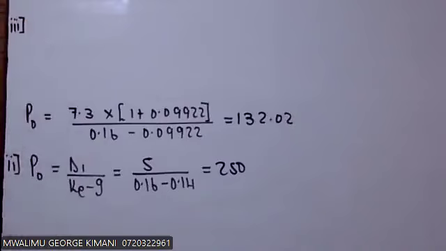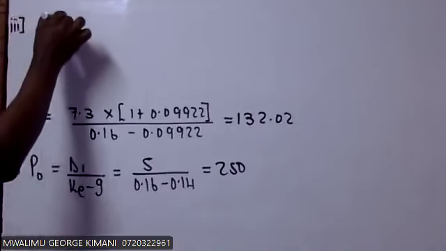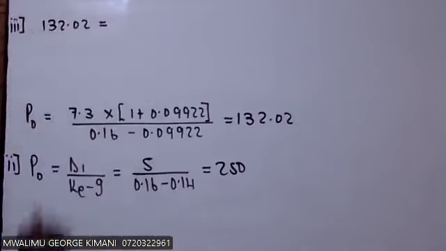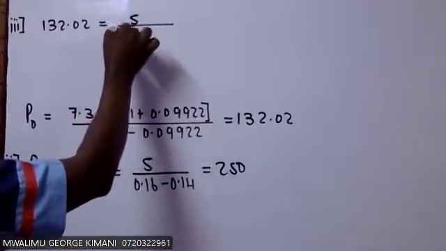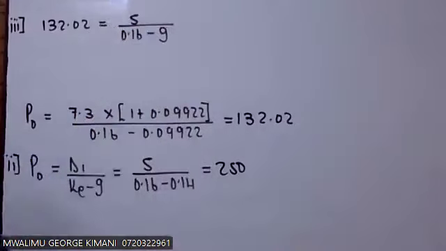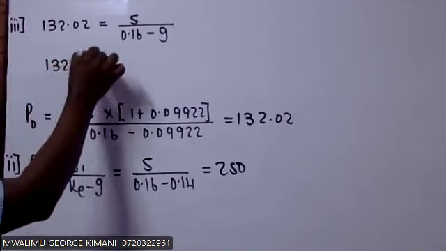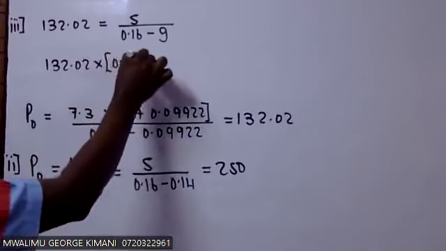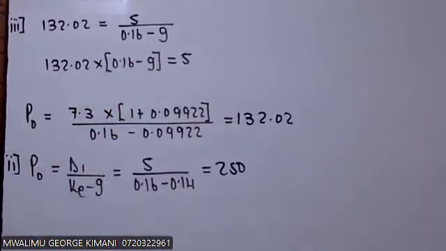So at break point, we want to get one that is 132.02, being given as 5 divided by 0.16 minus G. G is what we do not know. So this becomes 132.02 times 0.16 minus G is equal to 5. So solve and tell me G would be what?